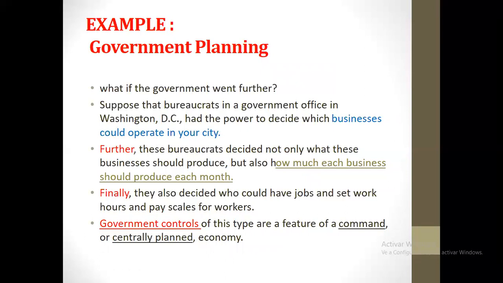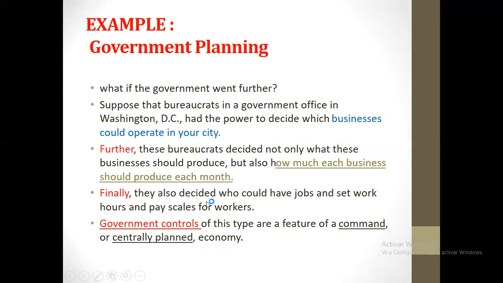Let's pretend this happened. Let's go further. These bureaucrats decide not only what these businesses should produce, but also how much each business should produce each month. So they control what you're producing, and that's a characteristic of a command system.